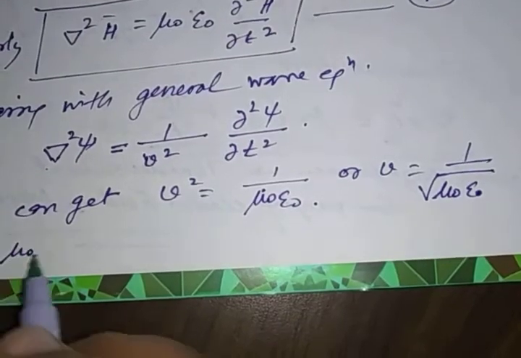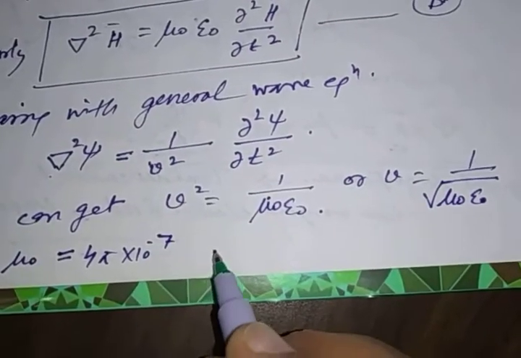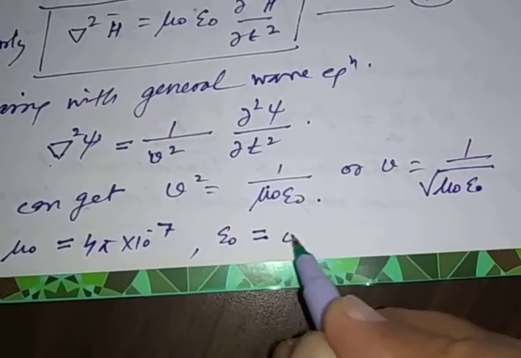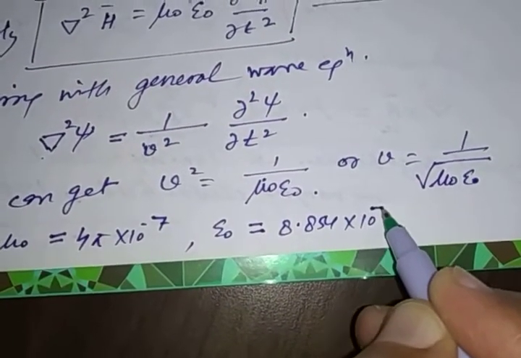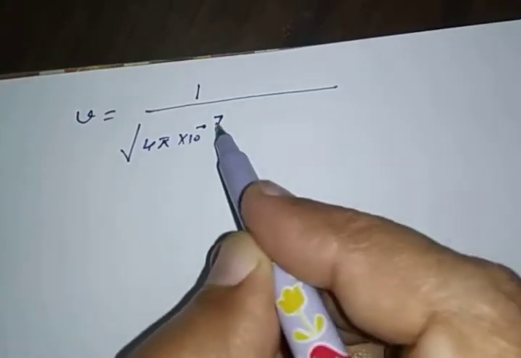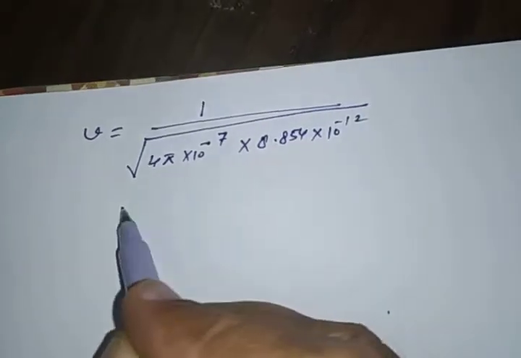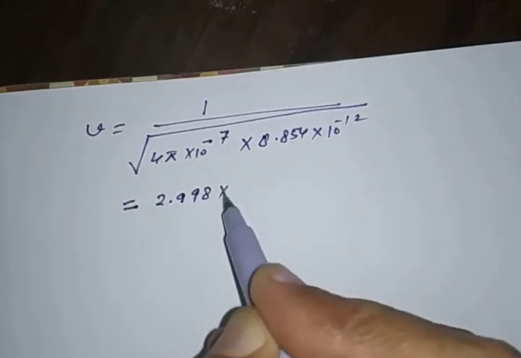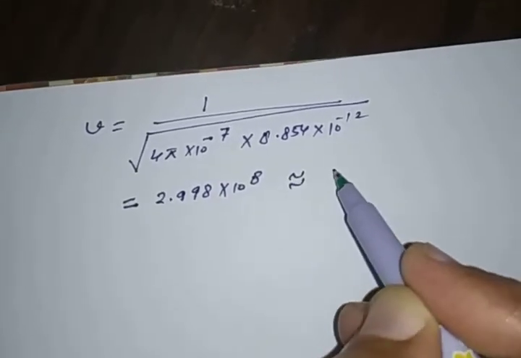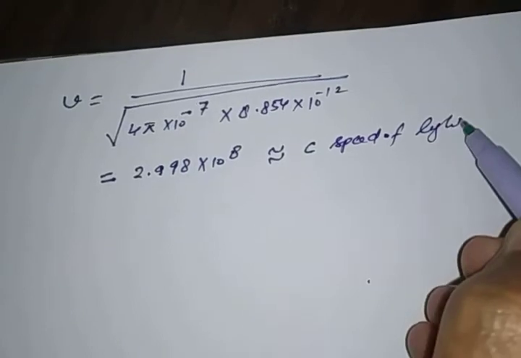If we put the value of mu naught as 4 pi into 10 to the power minus 7 and the value of epsilon naught as 8.854 into 10 to the power minus 12, we can easily calculate the value of velocity as 2.998 into 10 to the power 8, which is very nearly equal to the velocity of light, or we can say the speed of light.